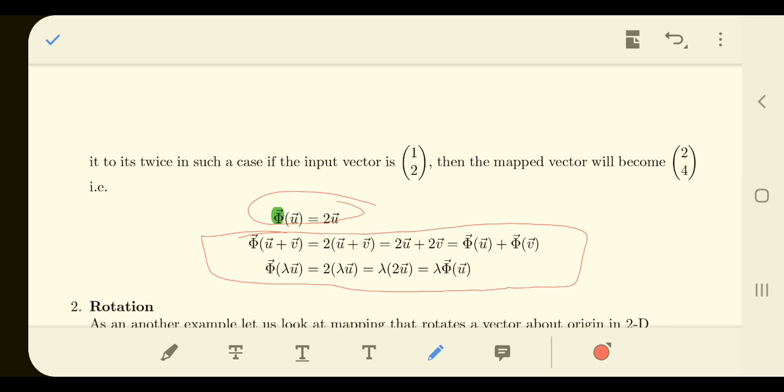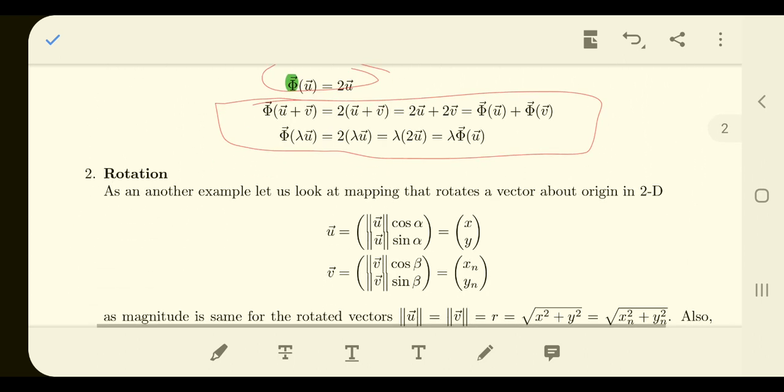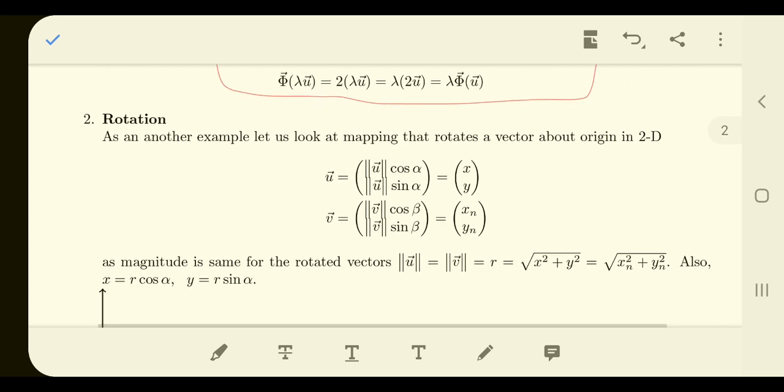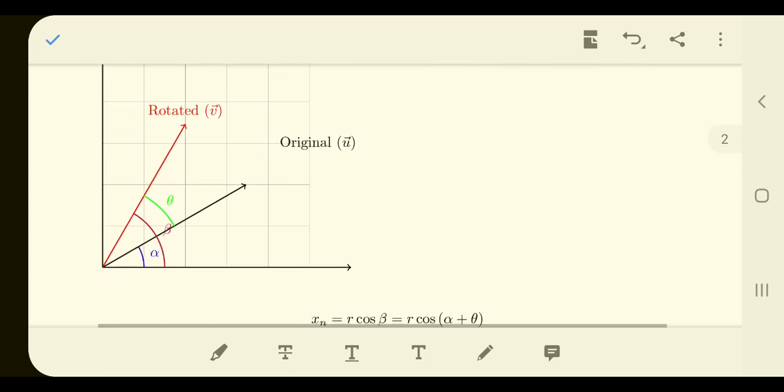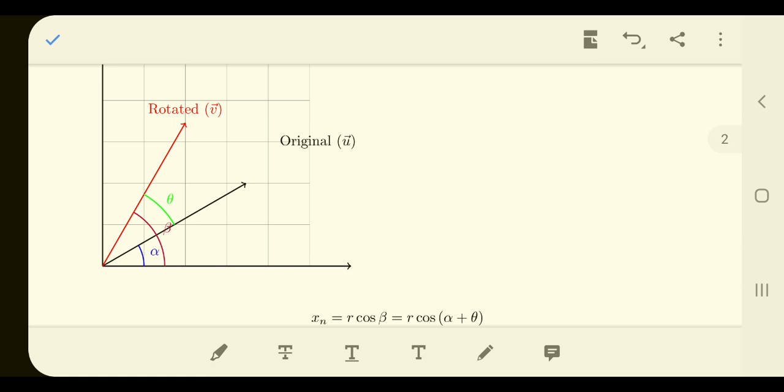Now let us see another example, about rotation. When I want to rotate a particular vector by a certain angle, let us suppose that the original vector u is shown by the black arrow, which is at angle alpha from the x-axis.